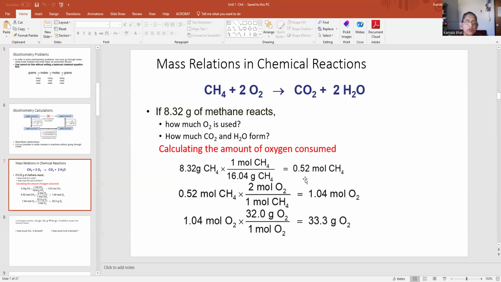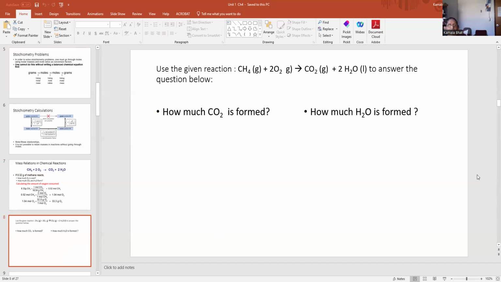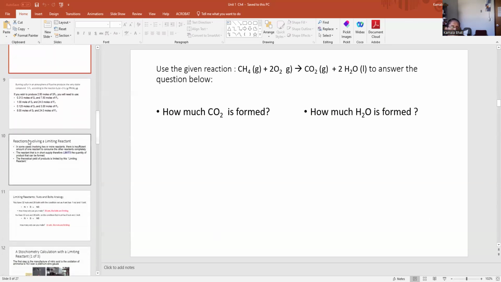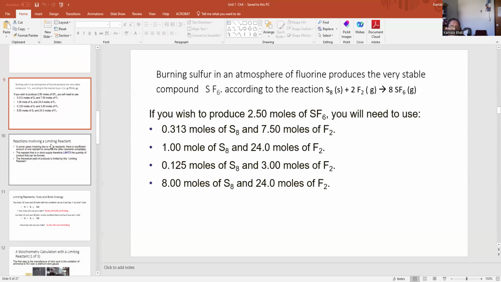Then convert the moles of methane to moles of oxygen. Convert the moles of oxygen to grams of O2. And that is how you do your calculation for oxygen. In the same way, try to do that for your carbon dioxide and water.